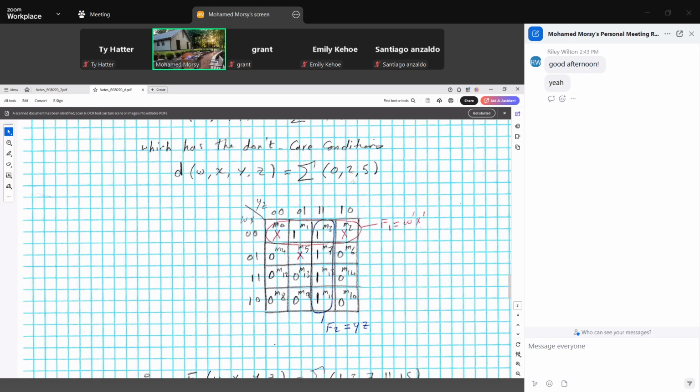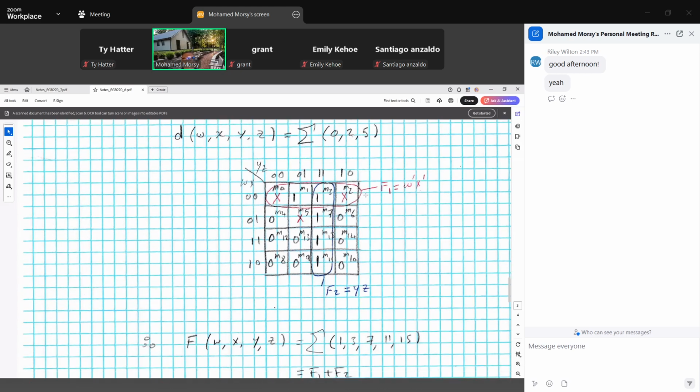It's a good example we did last time, this one here, because without the don't care minterms M0 and M2, we have to take only M1 and M3 as one group. So there are just 2 adjacent ones.